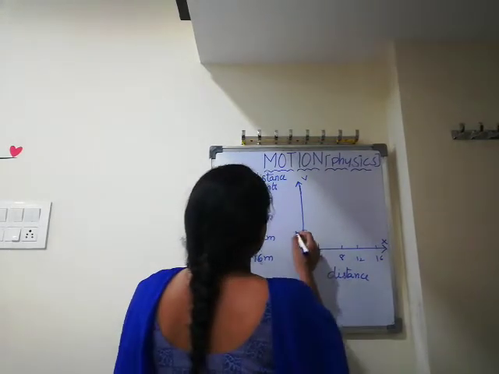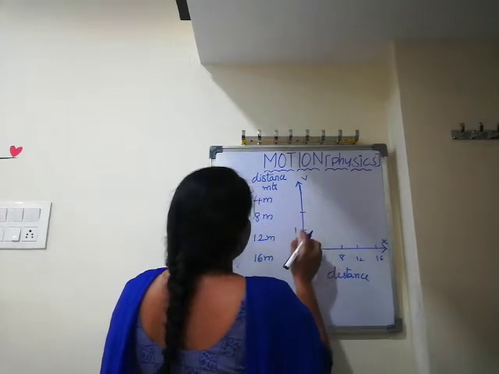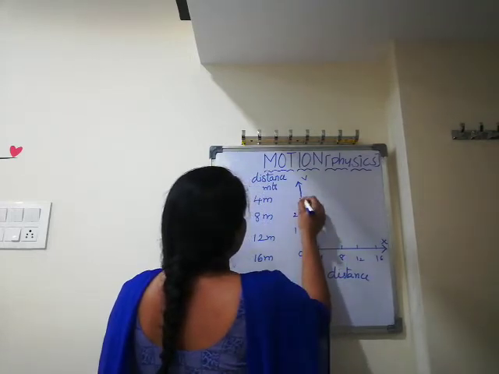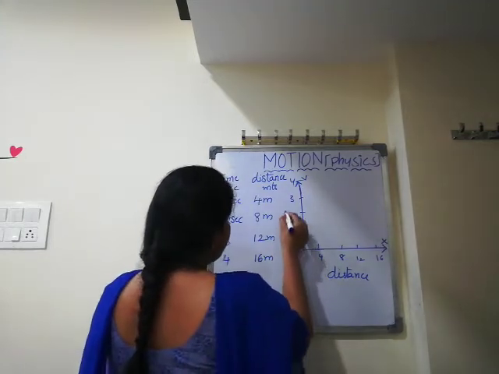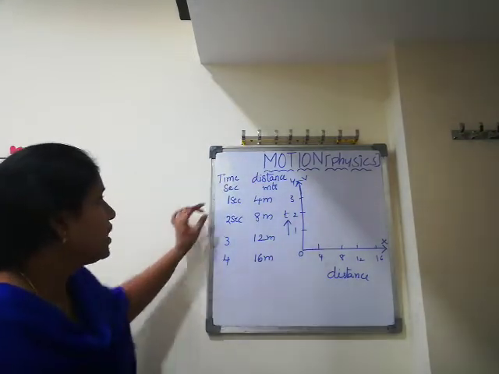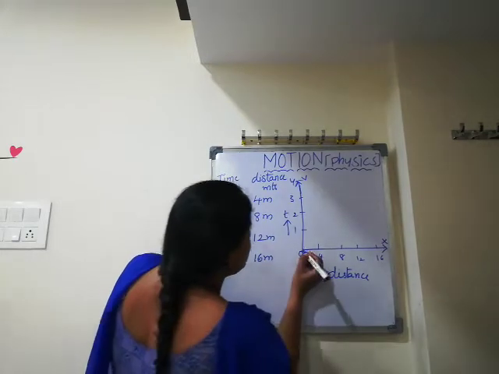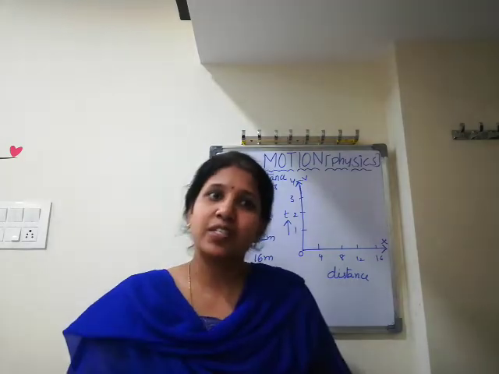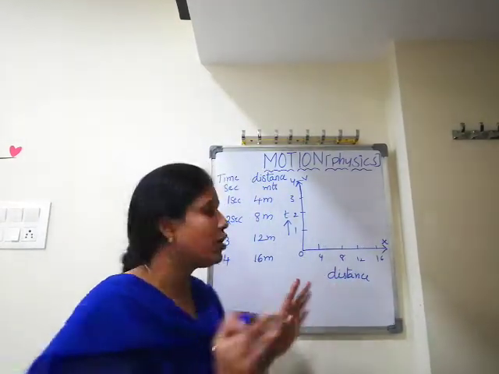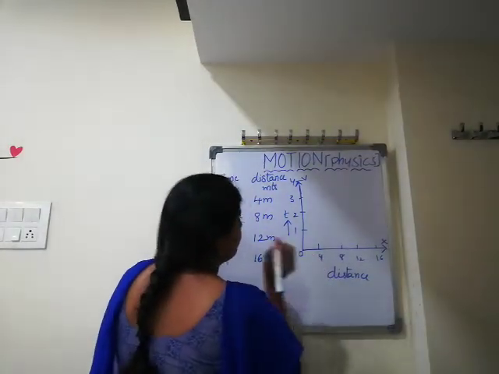On the y-axis: 1, 2, 3, 4, time in seconds. Initially at 0 seconds, the object is at rest. Yes or no? So the distance travelled by that object is 0.